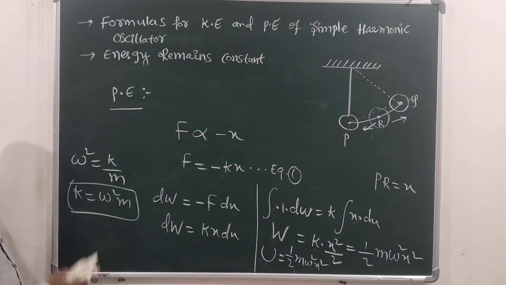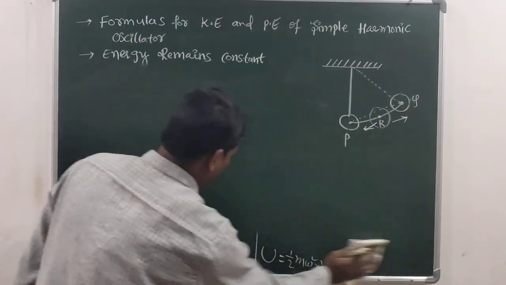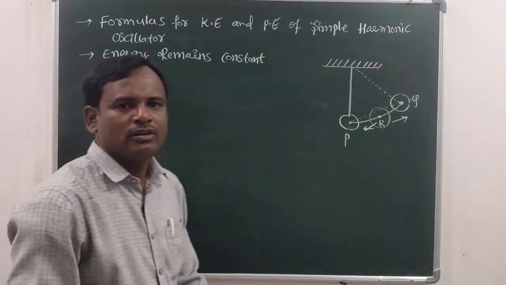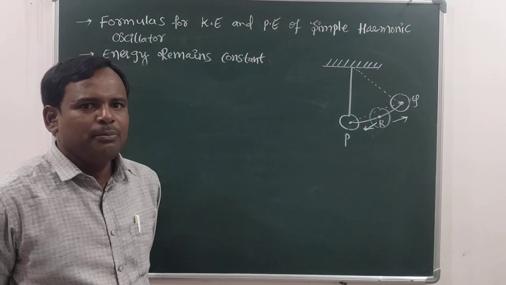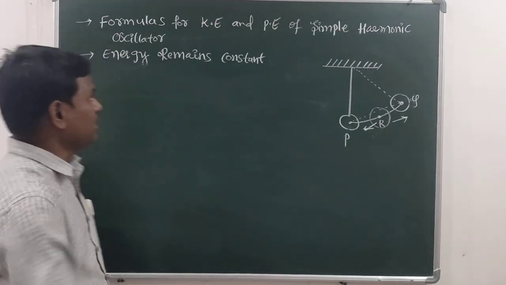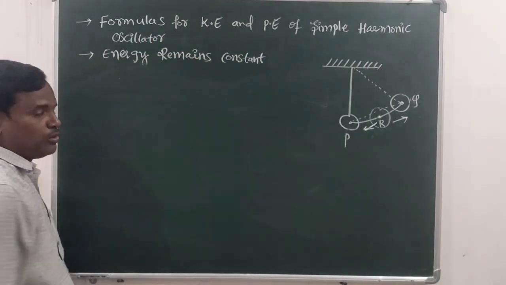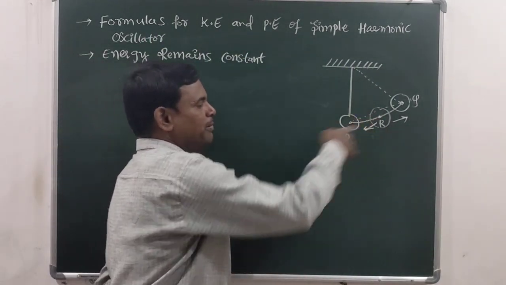Okay, students? Right. Now, we got two formulas for KE and PE. KE means kinetic energy and PE potential energy. Okay, this is done.